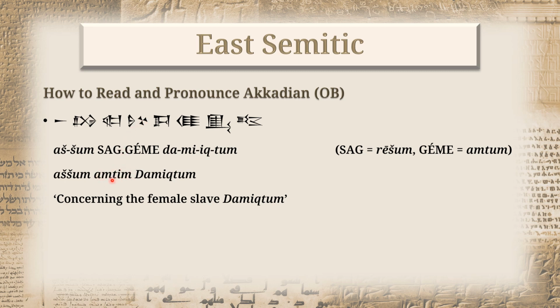In my transliteration, it is amtim, because it's in the genitive, because it is preceded by a preposition. So the word normally is amtum, but after ashum you say amtim.